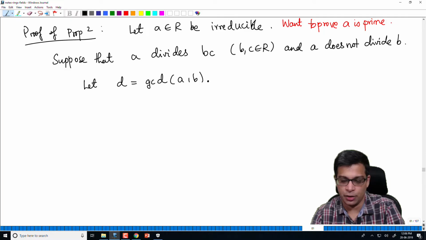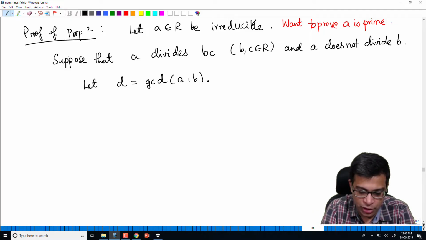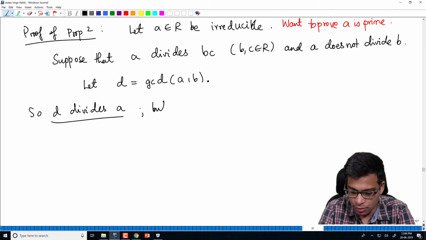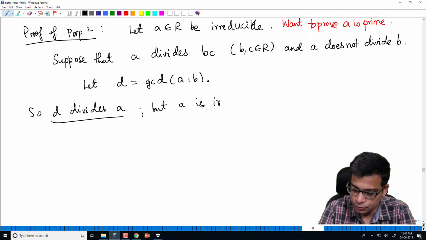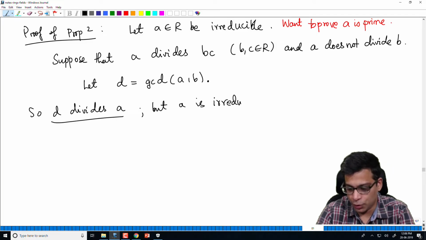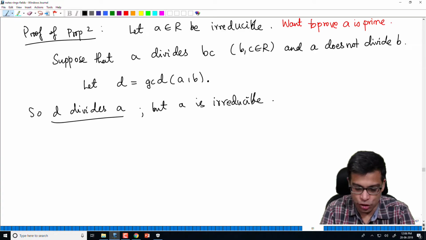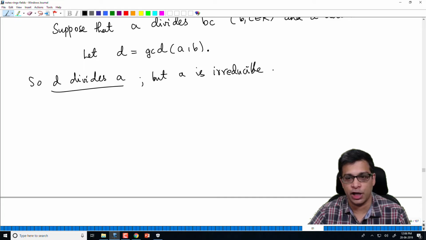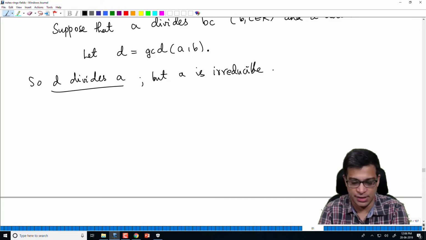Let us take the GCD of A and B. Now we know that by definition of GCD, D divides A. So D divides A, but A is irreducible, by hypothesis. So we have two possibilities. An irreducible element cannot have proper divisors.